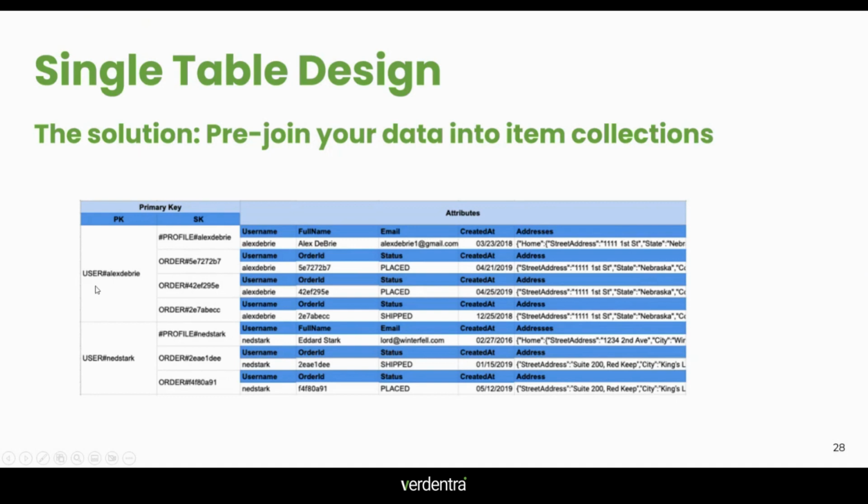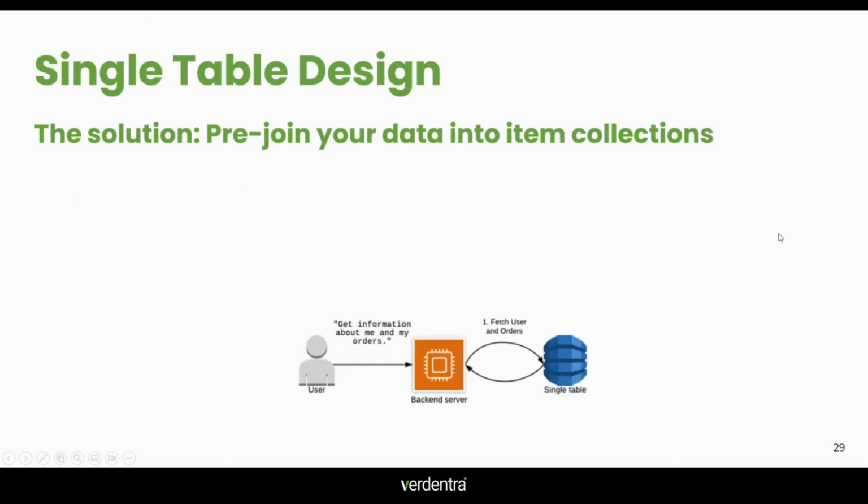So you get all the orders that belong to this user Alex Debris. But if you want both, you can have that too, because if you just get by the partition key, you'll get everything. So that's how you pre-join your data.